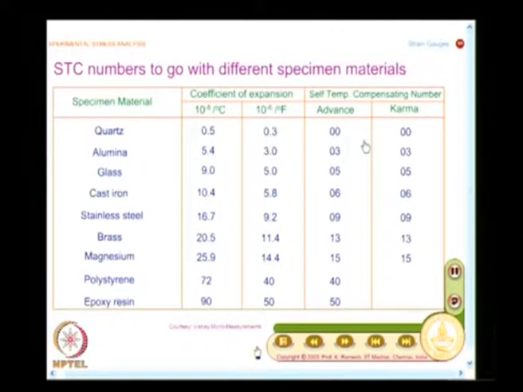So, what you will have to keep in mind is, when you say self temperature compensated gauge, it is meant for a particular specimen material. If there is a normal temperature change, whatever the changes in the temperature, it will get compensated because of the specific property of the metal foil.